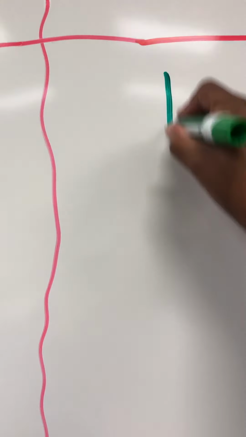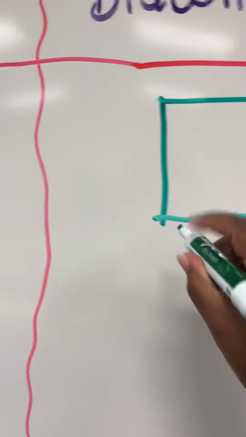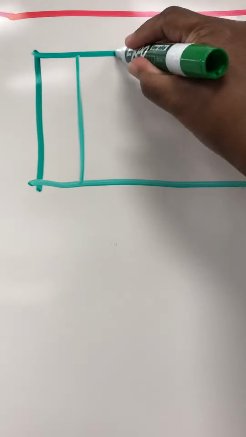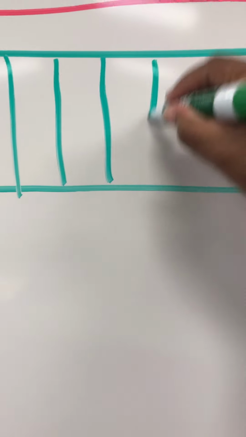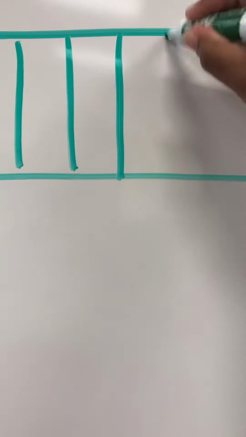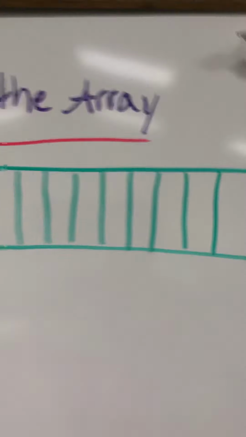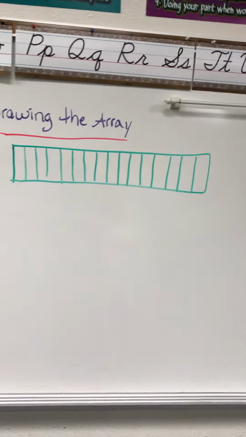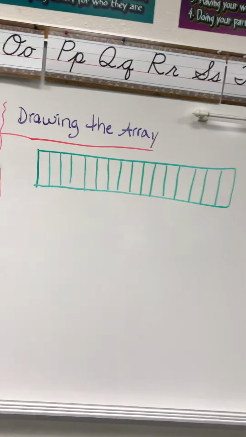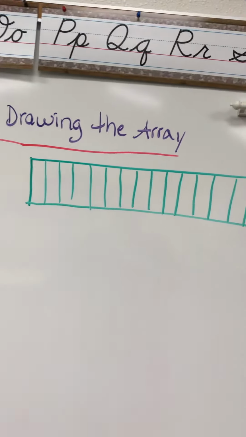And go, Miss Downing. One, 2, 3, 4, 5, 6, 7, 8, 9, 10, 11, 12, 13, 14, 15, 16. Take a look. Did I do a great job or what? I did okay. And now I'm going to do a 16 by 1.